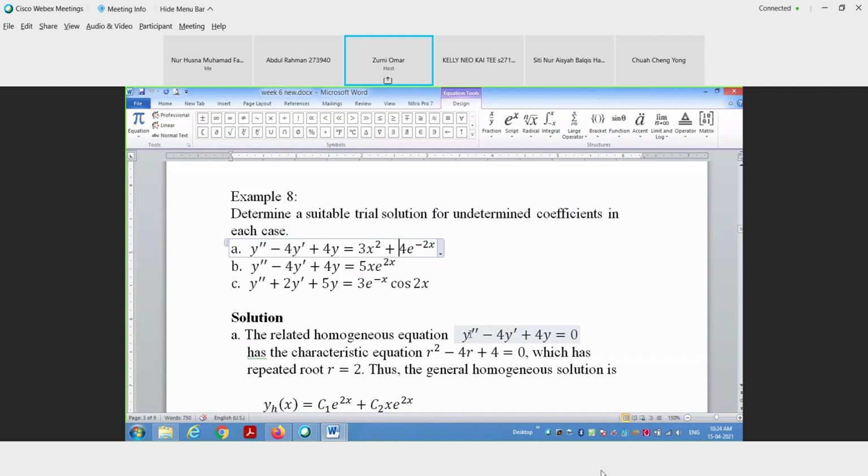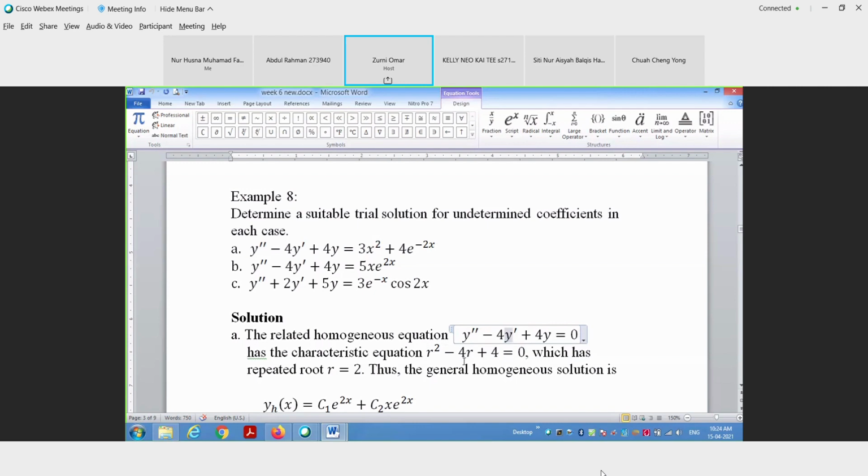You transform the given equation into the characteristic equation: y double prime becomes r squared, y prime is replaced with r, and y is replaced with r to the power of 0, which is 1. So we get r squared minus 4r plus 4 equal to 0.